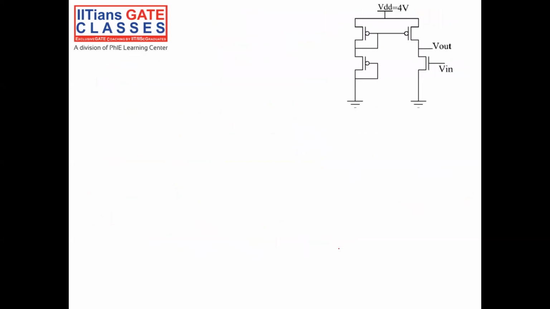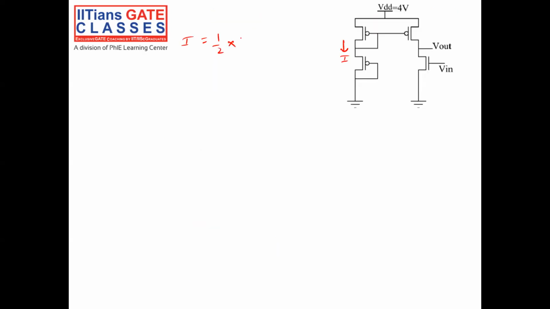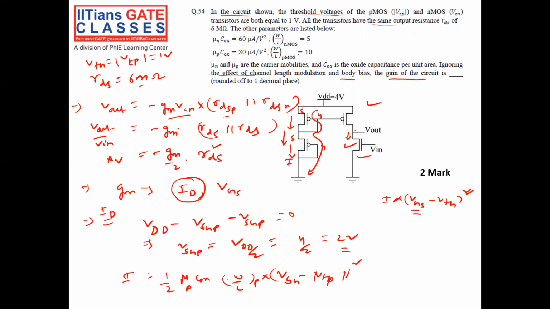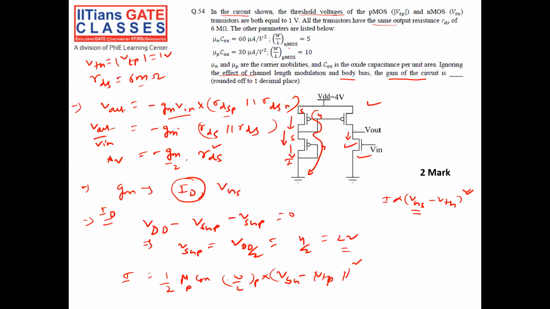It simplifies to I equal to half into mu P Cox, which is 30 microampere, into W by L, which is 10, into VGS minus VTH whole square.